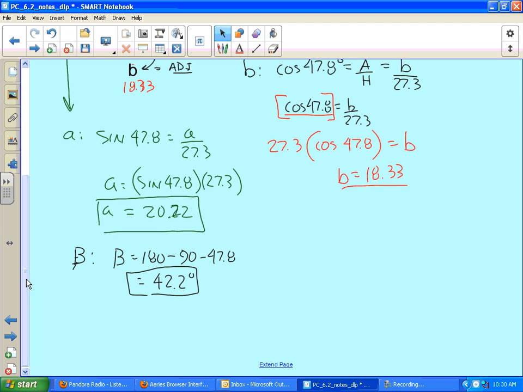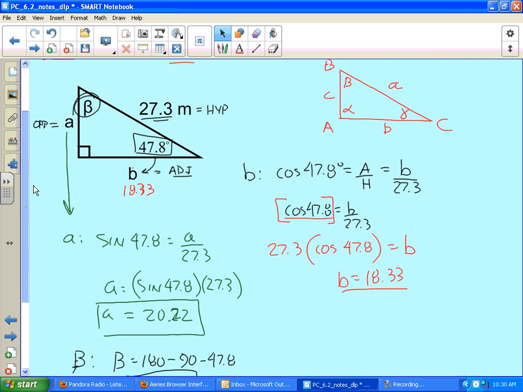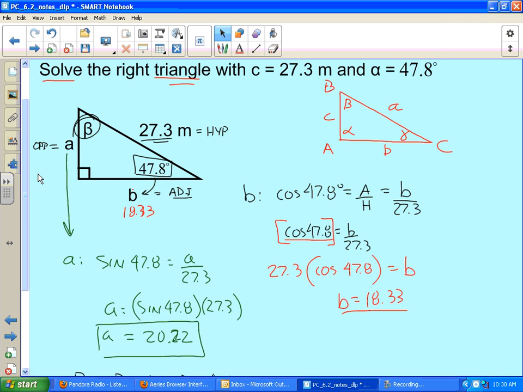Are you talking about for calculating A or B? Yeah. All right, so for A or for B, for example, it doesn't matter which one I use. It does, actually. Before I find anything else, I have this angle here, and this is the adjacent side.